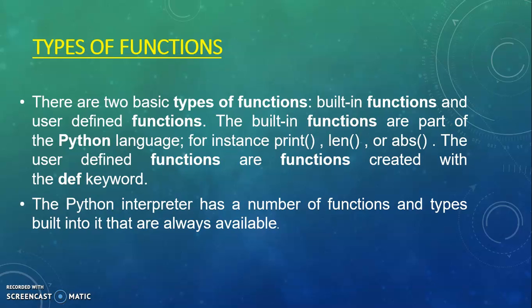For example, you use the print function, where you write print, and in the brackets, in double quotes, you can print your message, and then you close the bracket. This way you can print a message using the print statement. Or if you want to print the sum of two numbers, you write print, within the brackets 2 plus 3, close the bracket, and this will give you the result 5.